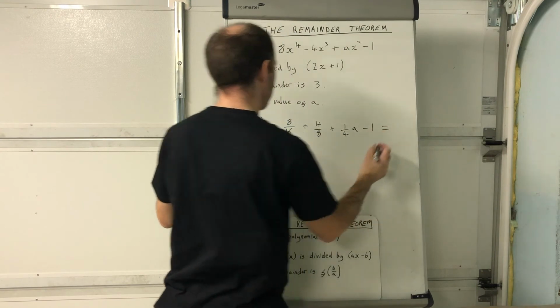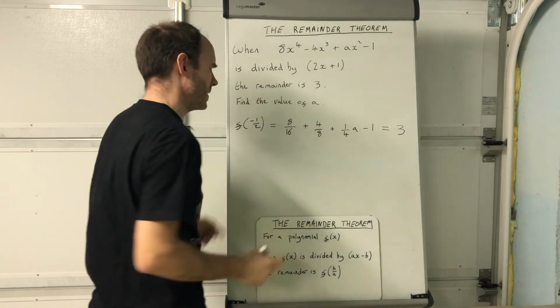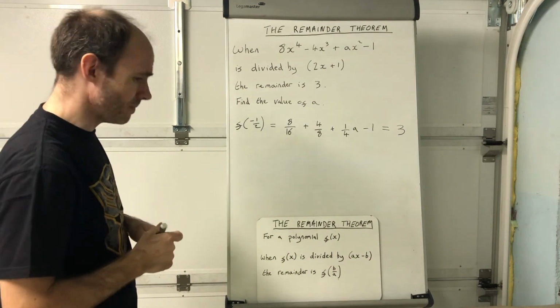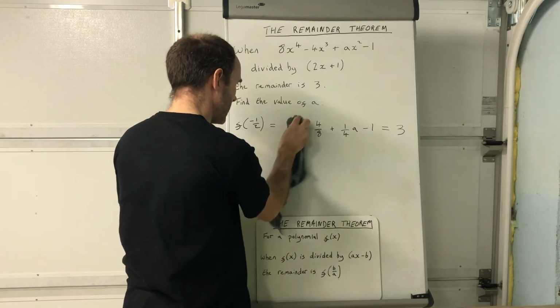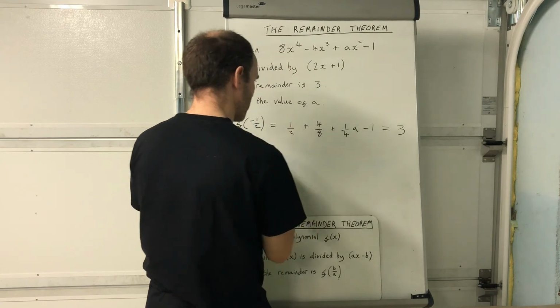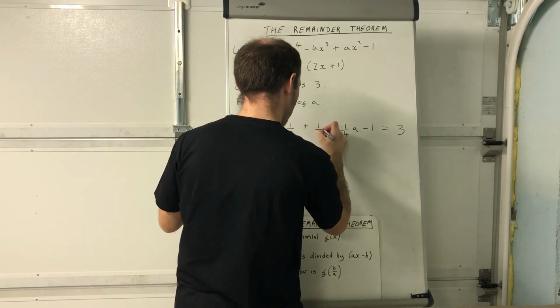And we're told the remainder of that is 3, so all of that has got to be equal to 3. Let's simplify it a little bit. As I said, this bit here can simplify. 8/16 is just 1/2. 4/8 is also 1/2.